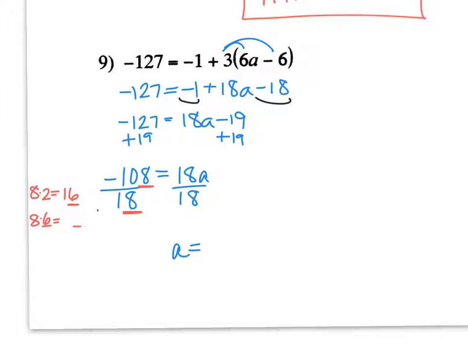And the answer is 6. 8 times 6 is 48. So I know this is 18 times 6. So negative 6 is my answer. Don't stress too much. If you were okay until I tried to divide that, and then you started struggling, you should be okay for tomorrow. I probably won't give you anything quite that large to divide without a calculator.